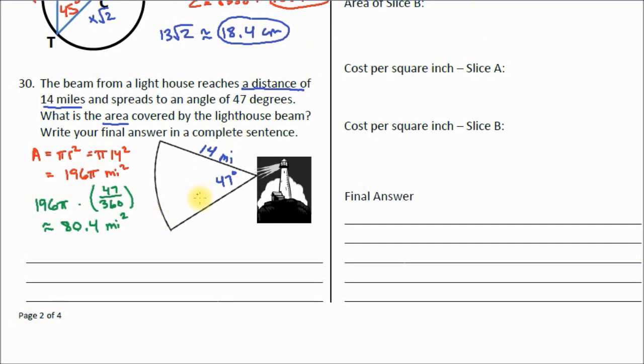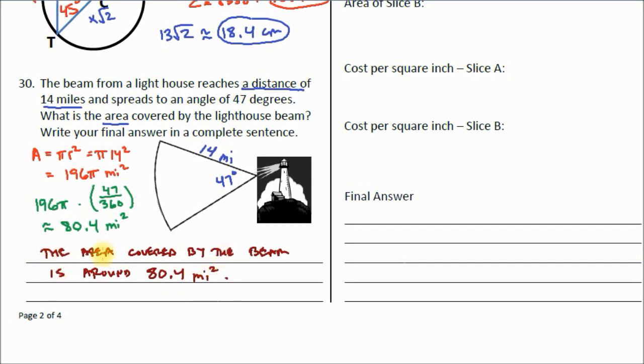So let's write our final answer here. The area covered by the beam is around 80.4 miles squared.